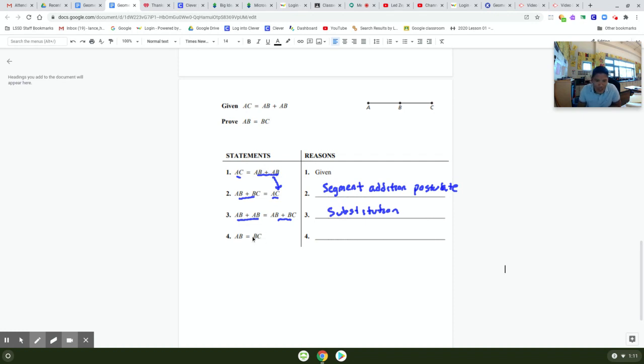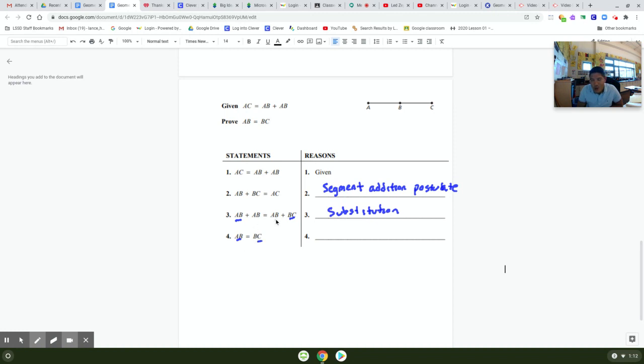Think about that. Maybe again, pause the video. If you thought about why you can make that next statement, AB is equal to BC, which is what you're trying to prove, notice you have AB here on the left side and BC on the right side, and then you have the exact same thing that you're adding to AB and BC.